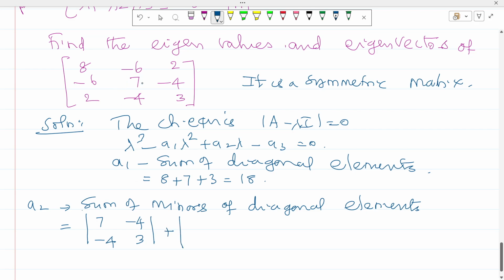The second diagonal element is 7, leave the respective row and column: 8, 2, 2, 3. Plus the third diagonal element is 3, leave the respective row and column: 8, -6, -6, 7.